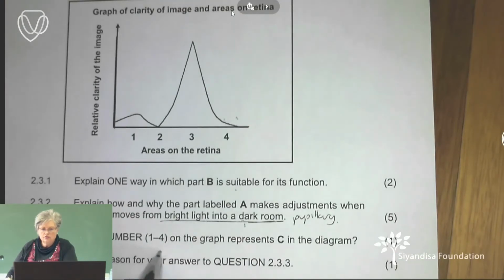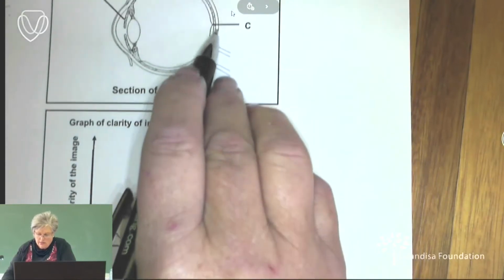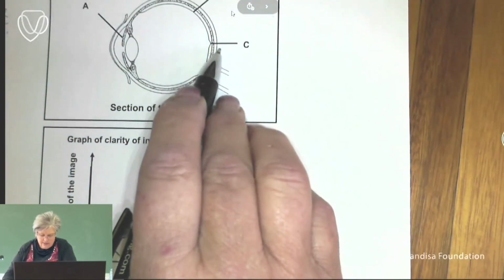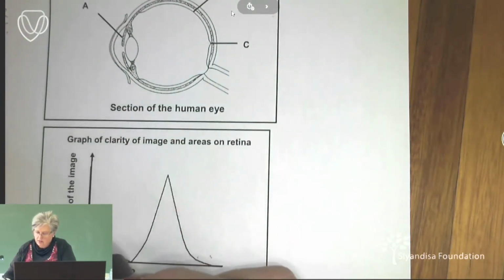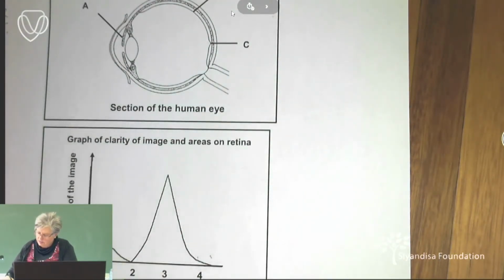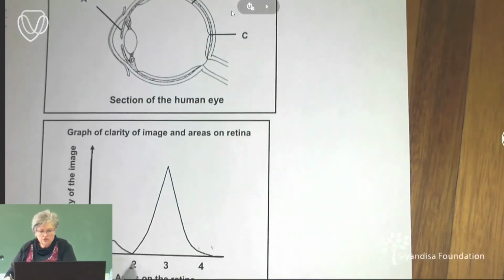Which number 1 to 4 on the graph represents C in the diagram? Okay? So C, what is C? C is the yellow spot. Now they say, which number 1 to 4 on the graph represents C?